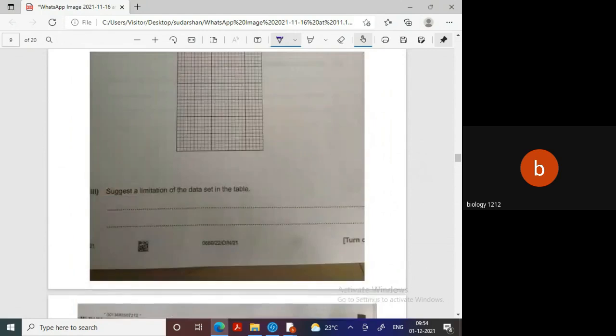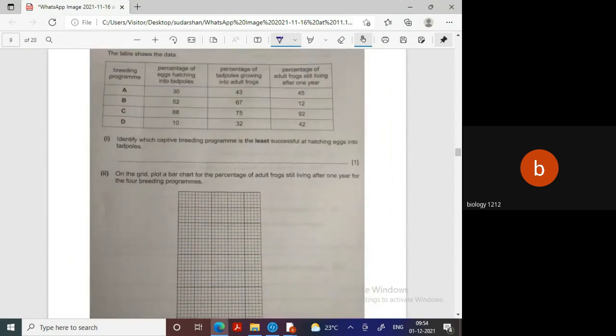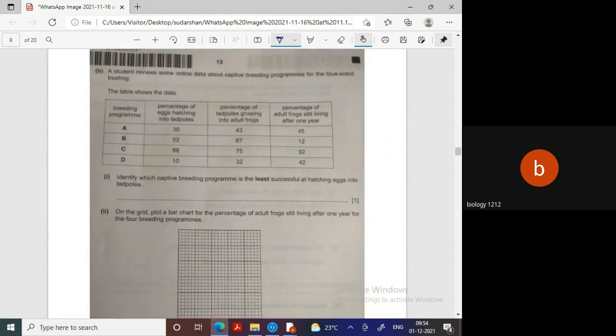It's very easy. Now, the next one is about a table shown here, and they are doing captive breeding because the number is decreasing. Identify which captive breeding program is the least successful at hatching eggs into tadpoles. As we can see, this shows the percentage of eggs hatching into tadpoles.